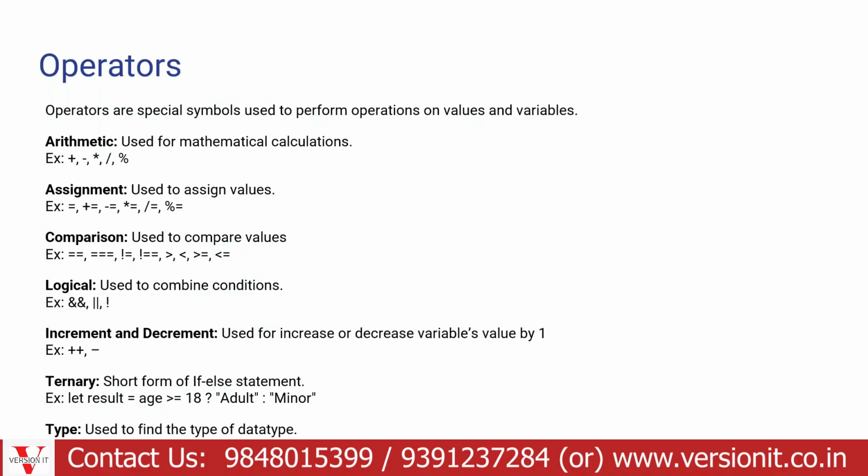So I have a variable with value 10 that is numeric, and one more variable with value 10 that is a string. When I use double equal to, it will pass as it does not compare the data type. But when you use triple equal to, it will fail as it compares both the data type and value.